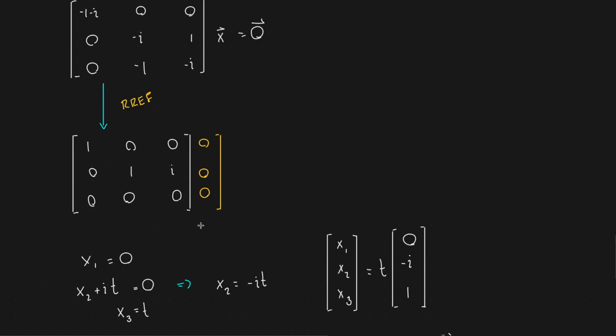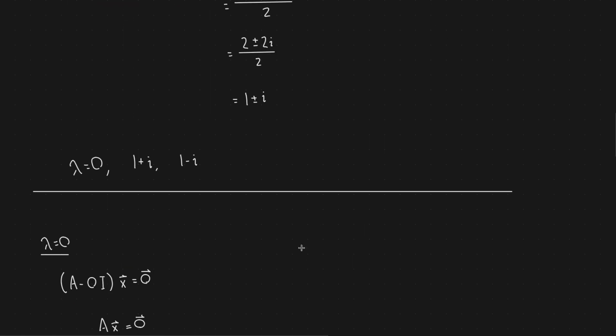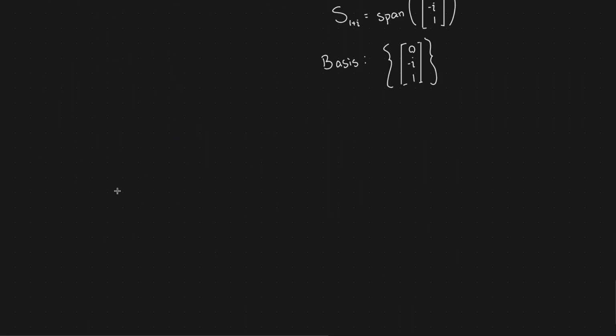Okay, we've got one more eigenvalue to work out. We need to find the eigenspace associated with the eigenvalue 1 minus I. I'll move a little faster here since we've already seen this twice. So lambda equals 1 minus I. Plug it in for lambda in the homogeneous equation.